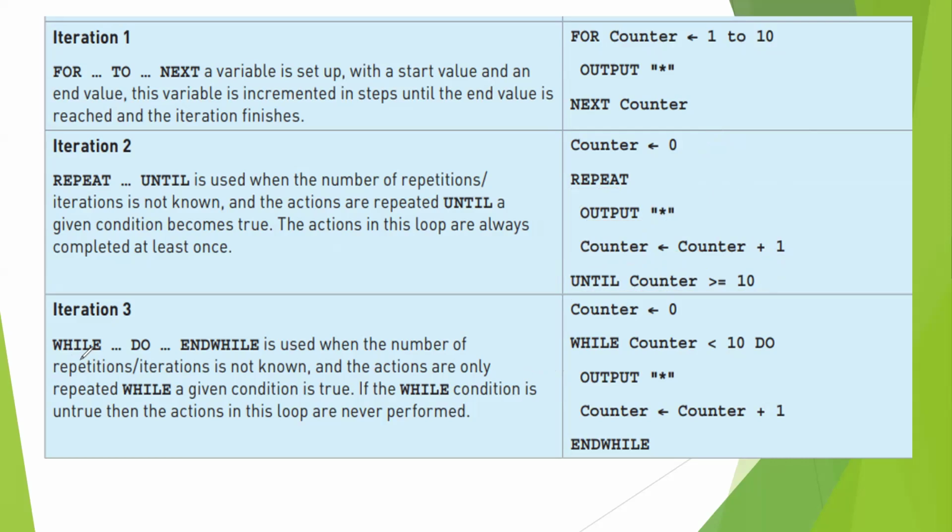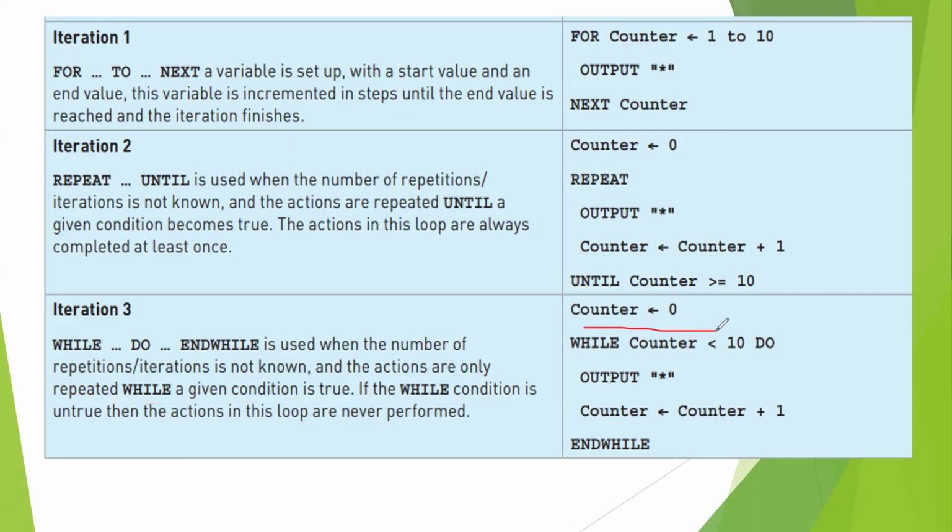Yeah. Now WHILE DO and ENDWHILE is used when the number of repetitions or iterations is not known, and the actions are only repeated while a given condition is true. If the while condition is untrue, then the actions in this loop are never performed.